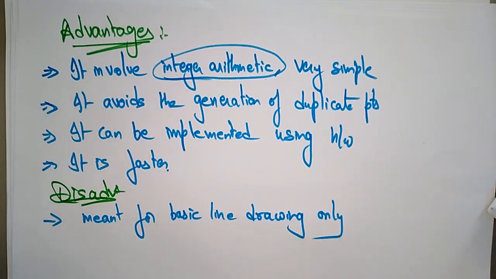Here the initializing is not a part of the Bresenham's line algorithm. To draw smooth lines, you should look into a different algorithm. You should prefer other algorithms rather than the Bresenham's line algorithm. It is only meant for basic line drawing.